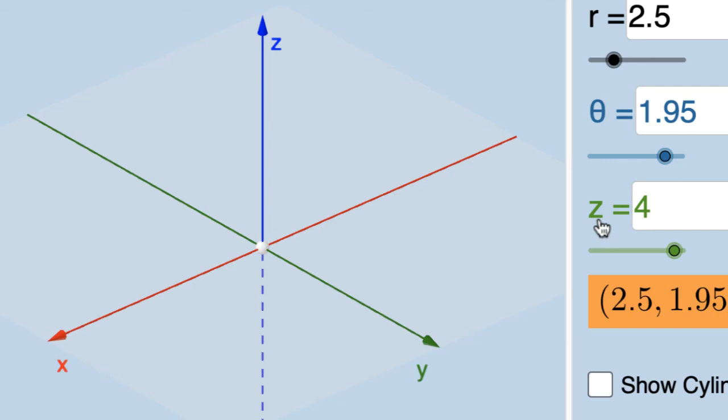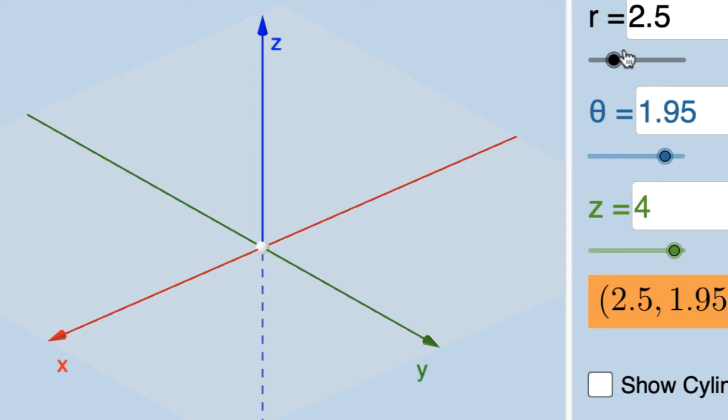So it's 2 of polar plus 1 coordinate of the Cartesian system. And so, for example, I'm going to specify this point in space, which is specified by these cylindrical coordinates.